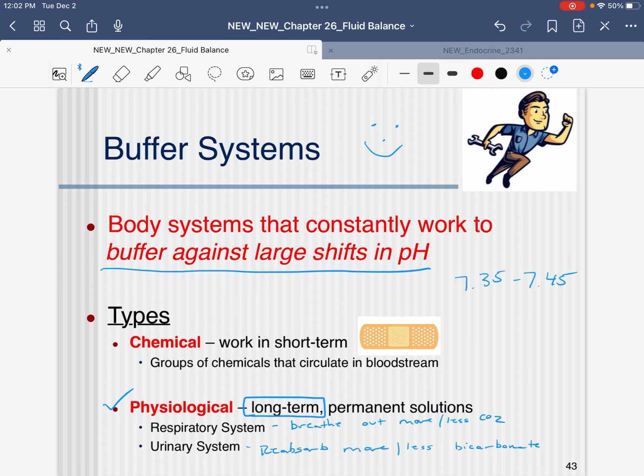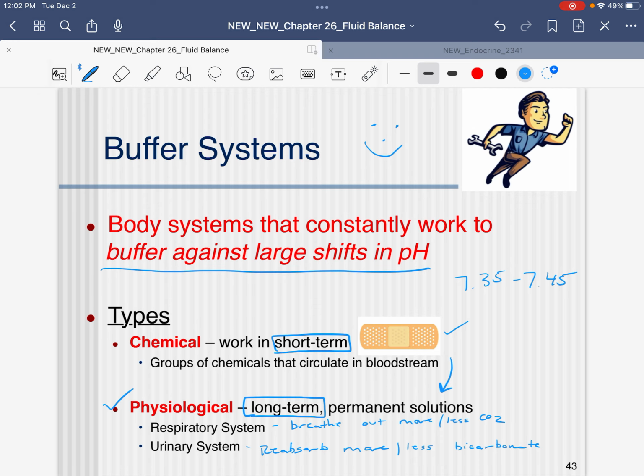These are long term, but it takes a while to get there. So we need something in the short term as a quick Band-Aid. So what we're talking about now is the chemical buffers. This is our short-term way to regulate pH. It is indeed like a Band-Aid, but Band-Aids still have a function because it quickly can maintain pH to buy us time, because we're always going to want to be shifting to our long-term, more permanent ways to fix pH.